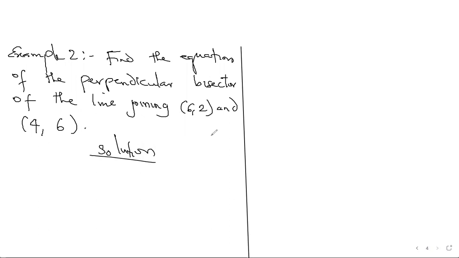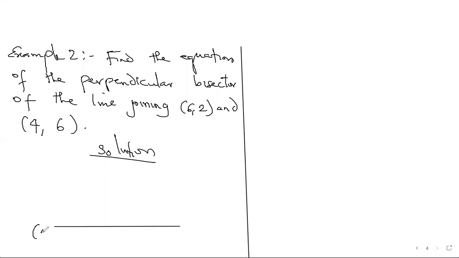Now to find the equation of the line that bisects the line that passes through these 2 points. So let's say the line that we know is this. Let's just assume that is the line, and I know the coordinates of 2 points that the line passes through. This is not a correct representation of the line.